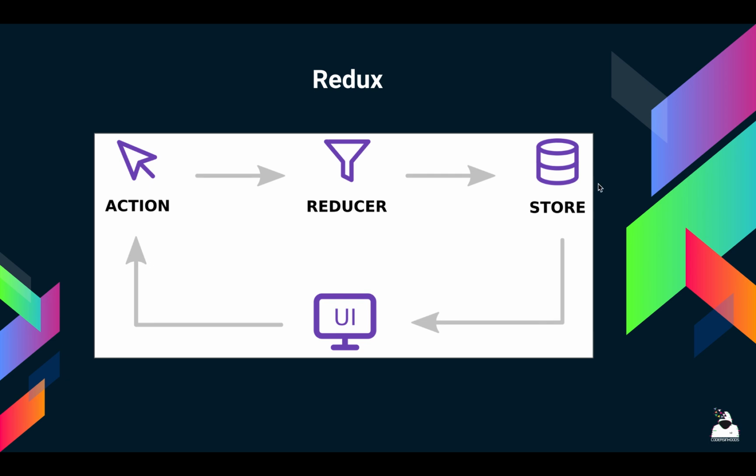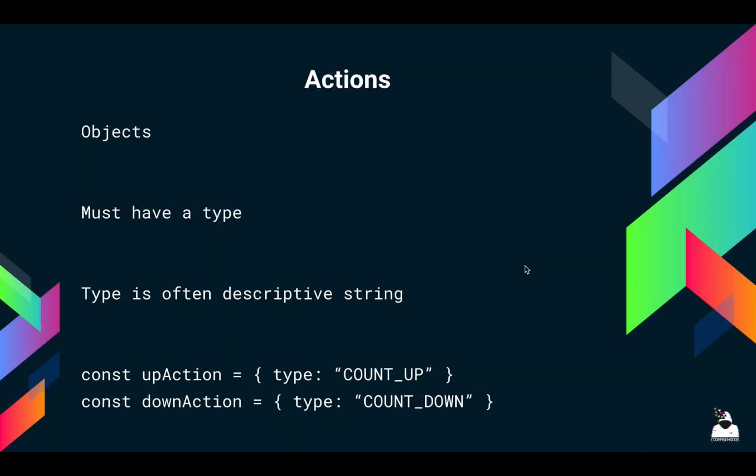A store is what keeps your state, keeps all of your data in a place that might change, and then triggers some events when it does change. So these three parts: action, reducer, and store. First, we'll talk about actions.